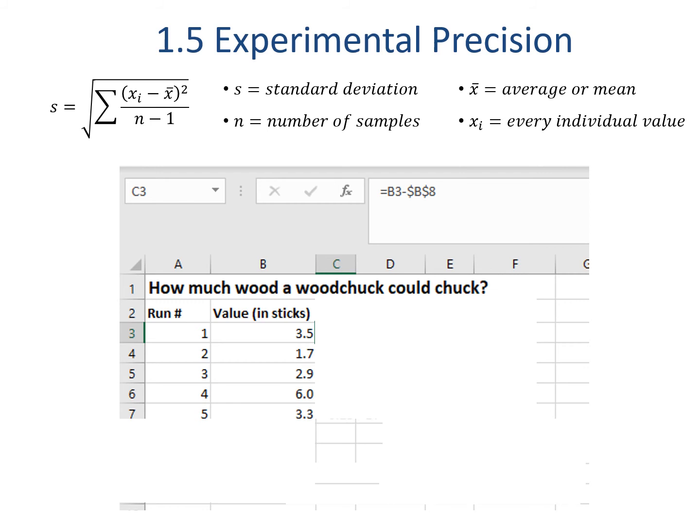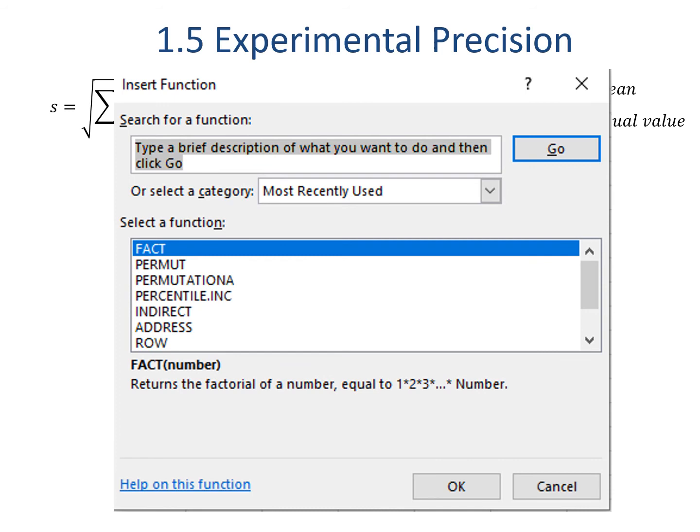Standard deviation for samples is calculated by first calculating the average value, x with a line over the top, which we call x bar. You have to do the calculation of the average value before you can do any of the rest of the calculation. If we didn't already know how to do this, we could click the FX button, which you can see highlighted in red now, which would bring up a pop-up window that we can use to search for a specific function.